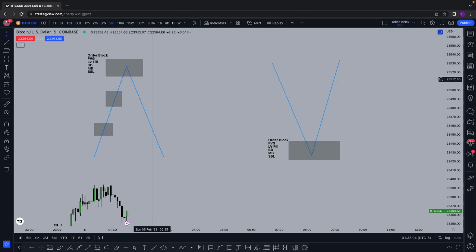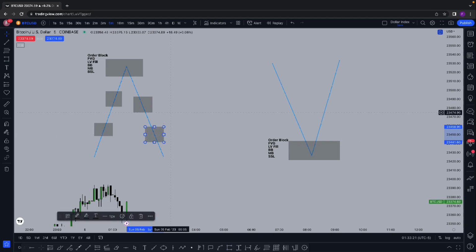As price is reversing, it's going to reuse that previous point of reaccumulation for the redistribution phase.